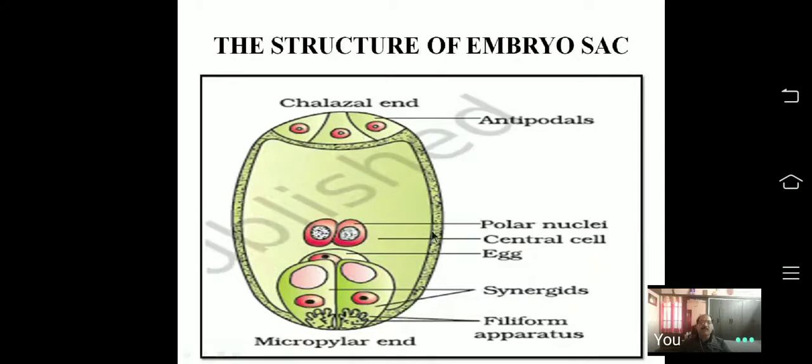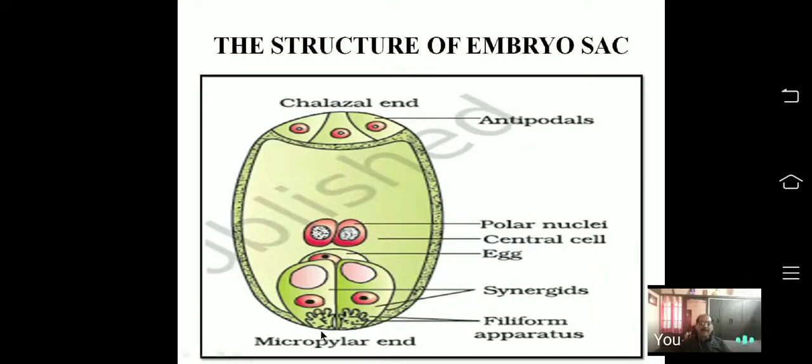Embryo sac is externally covered by nucellus tissue. This is the chalazal end. This is the micropylar end. The chalazal end consists of 3 haploid cells, 1, 2, 3. All the 3 haploid cells together are called antipodals.